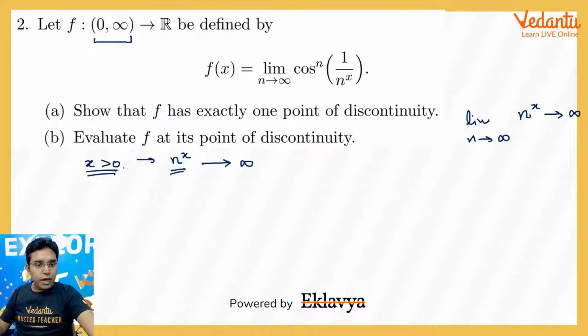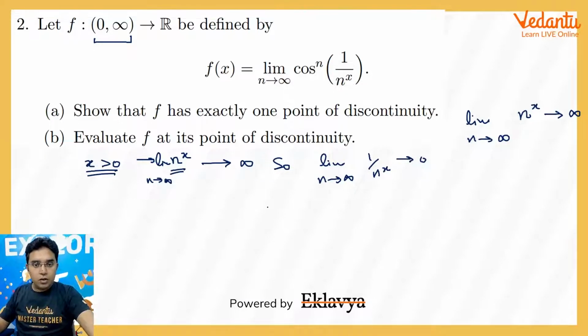So for x greater than 0, limit n approaches infinity, n^x will be infinite. And again, let me write this way, limit n approaches infinity of 1 upon n^x will become 0.